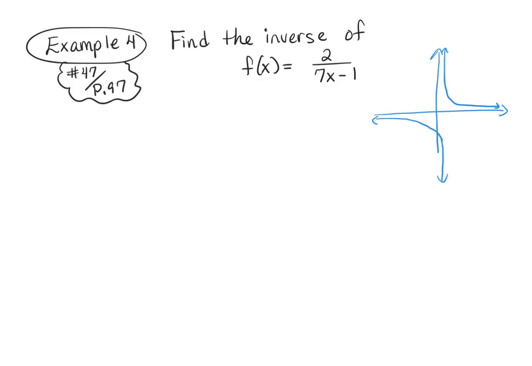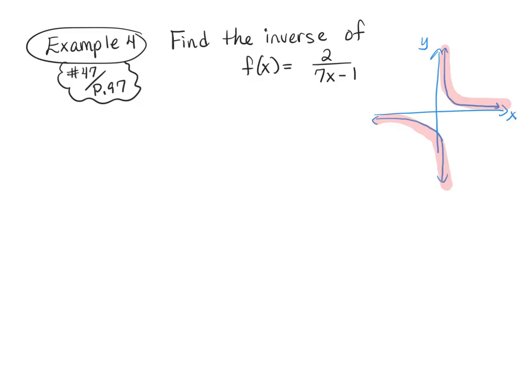Notice that if we take a horizontal line and drag it down, it does not cross the highlighted red portion more than once. So that means our function is one-to-one. So f of x is one-to-one.